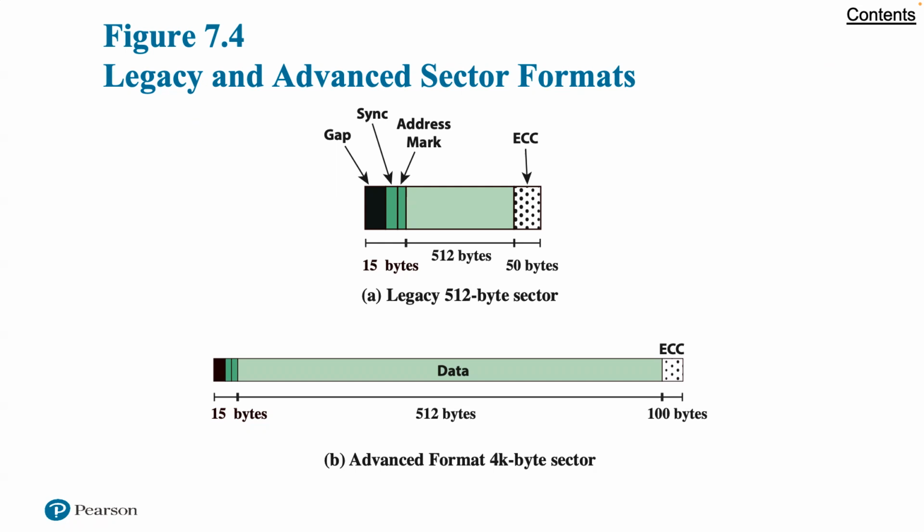The structure of the sector for this format consists of the following. There's a gap, which separates the sectors. There's a sync. It indicates the beginning of the sector and provides timing alignment. There's the address mark. It contains data to identify the sector's number and location, and it also provides status about the sector itself. Then there's data, 512 bytes of user data, and then there's an error correcting code.